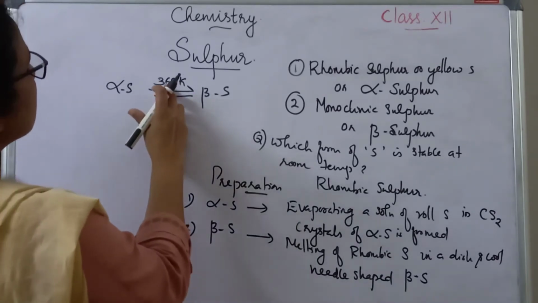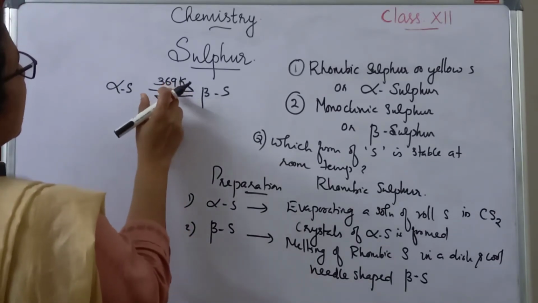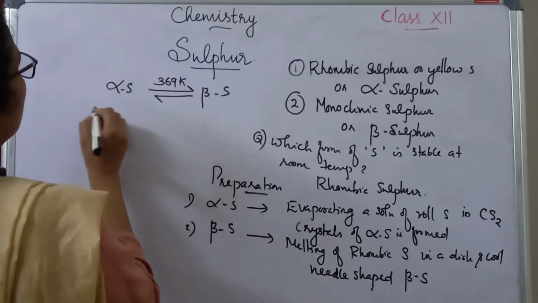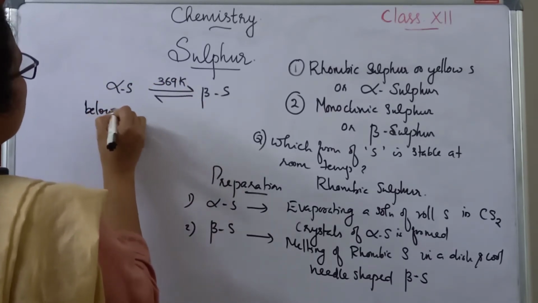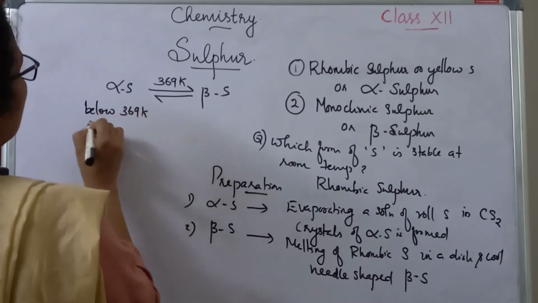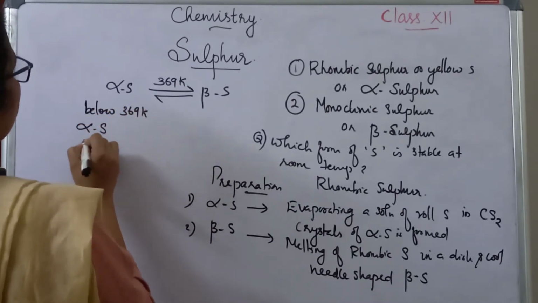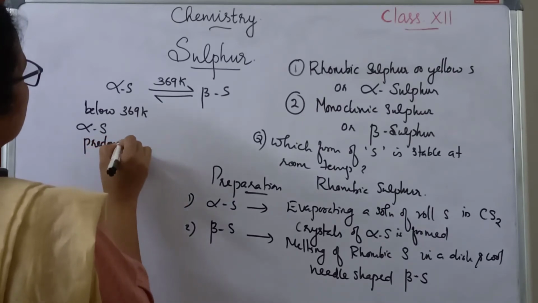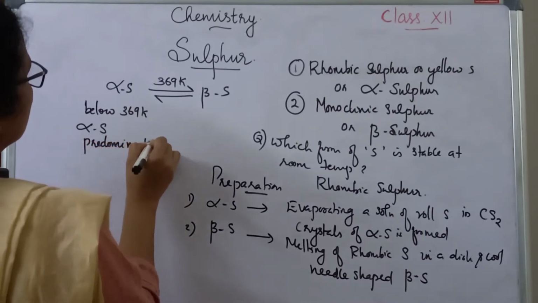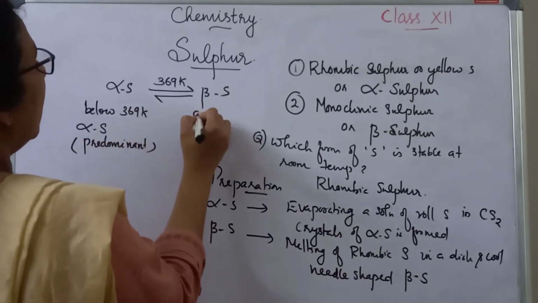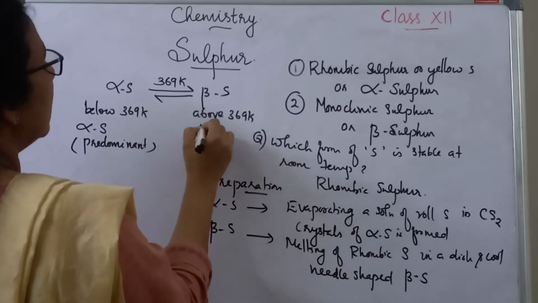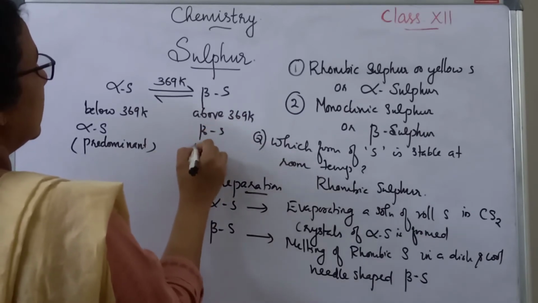At 369 Kelvin, both forms are possible. Below 369 Kelvin, alpha sulfur is predominant, and above 369 Kelvin, beta sulfur is predominant.